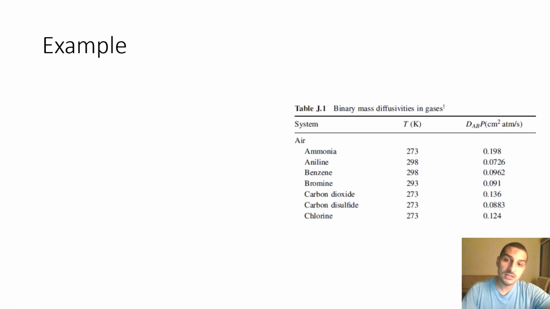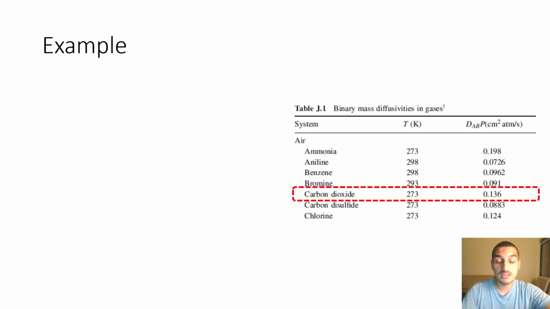Now I can compare what I have with the experimental data in the table. This table tells me that the diffusion coefficient for carbon dioxide in air is 0.136. But this is at 273 degrees Kelvin.